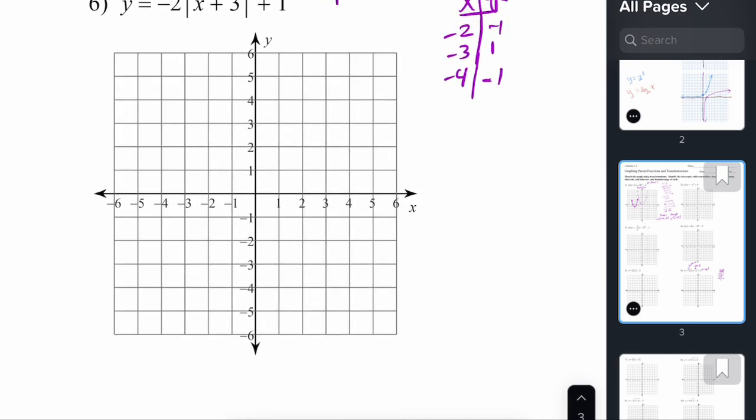Over at -3, I am at 1. At -2 and at -4, I am at -1. Okay. So that is what my graph looks like.